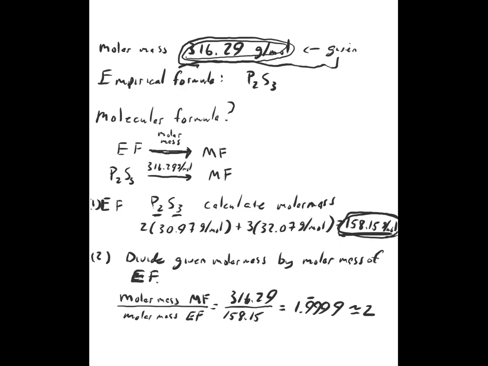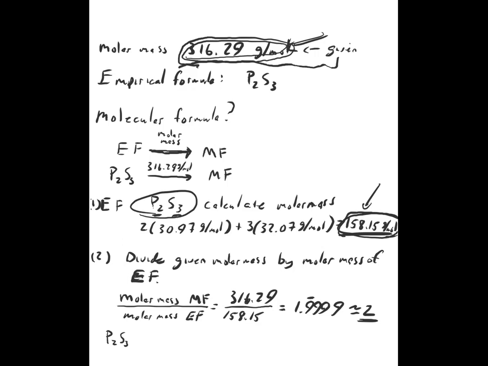If 1 carbon atom weighs 12.01, 2 carbon atoms would weigh twice that, 24.02. So if this is 2 times as heavy as this, it means it has 2 times as many atoms. So what do you do? You just say, hey, we already know what the empirical formula is. It's P2S3.